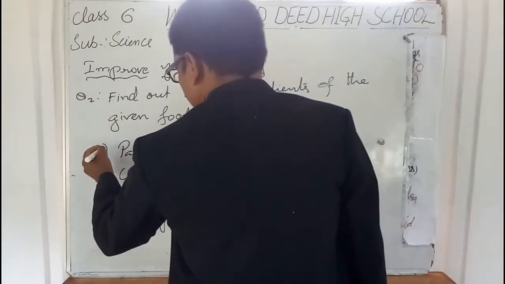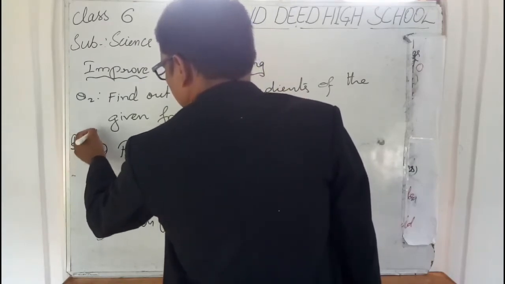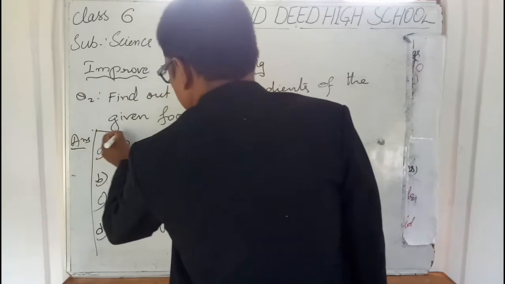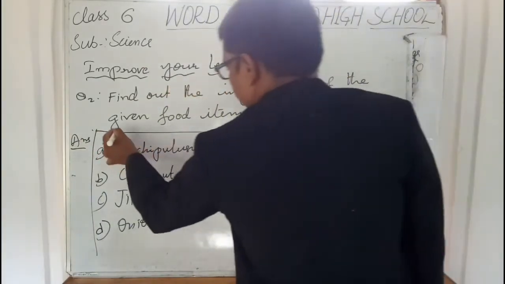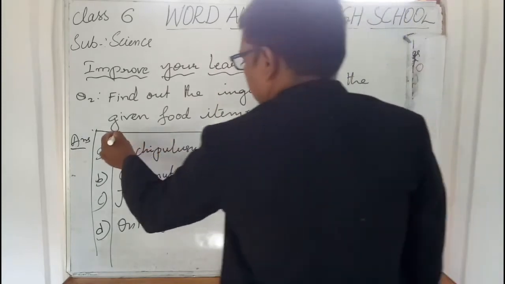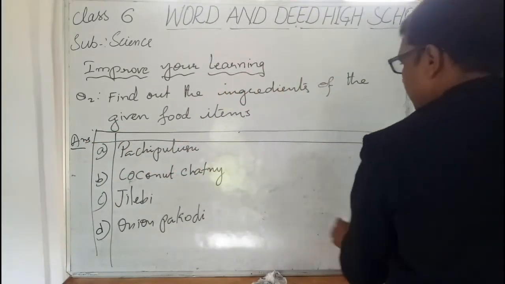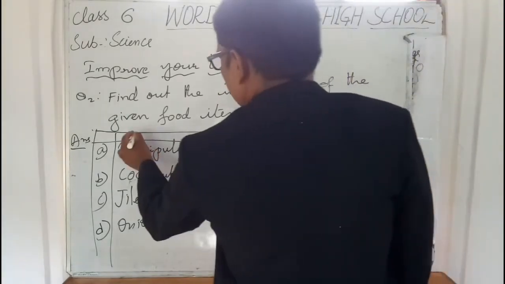So, how do you have to write the answer? You have to put a heading for the answer like this and draw a table like this. Okay. And here the heading is food items.